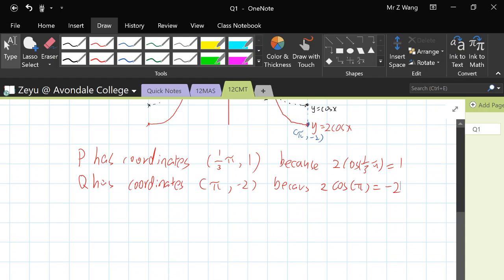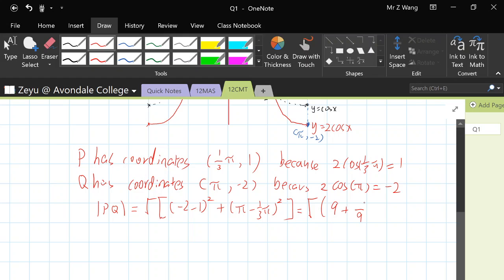Then the distance equals the square root. Do you remember the formula? Negative 2 minus 1 squared, that's y2 minus y1 squared, plus x2 minus x1 squared. That equals the square root of 9 plus 4 pi squared over 9.